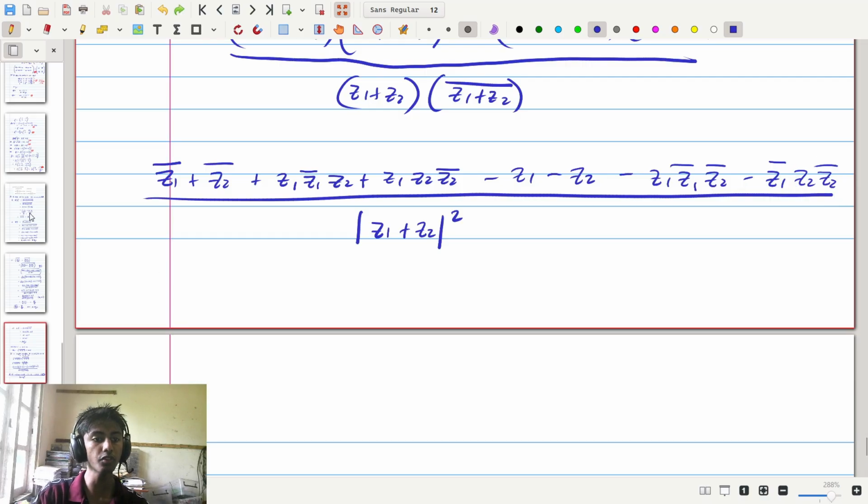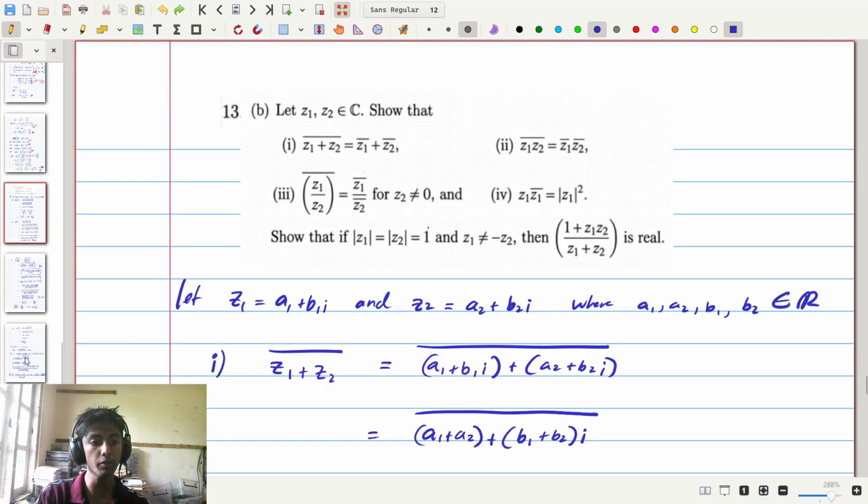Now, using the fourth expression that we had over here, I'm going to simplify them into this form where we have modulus of the number squared.